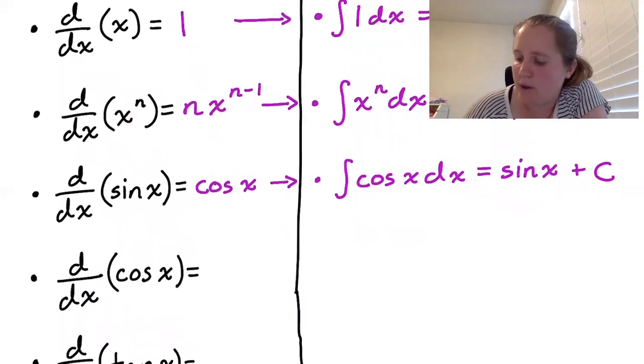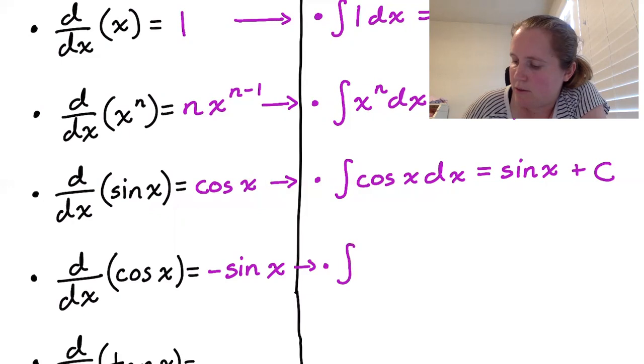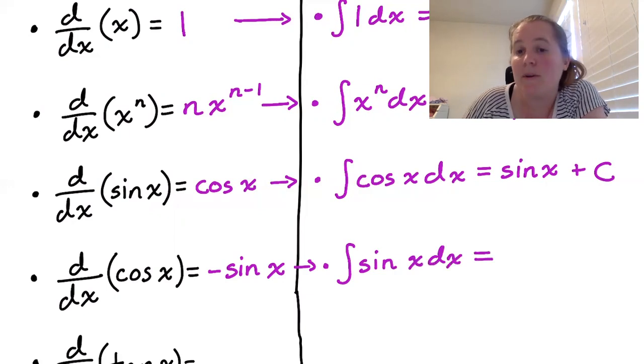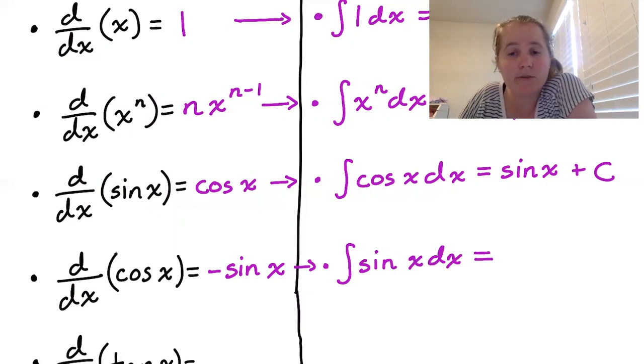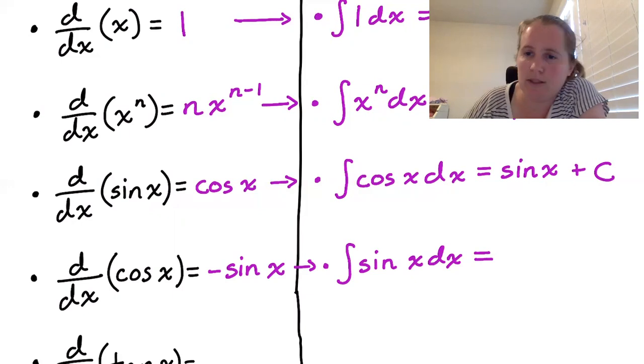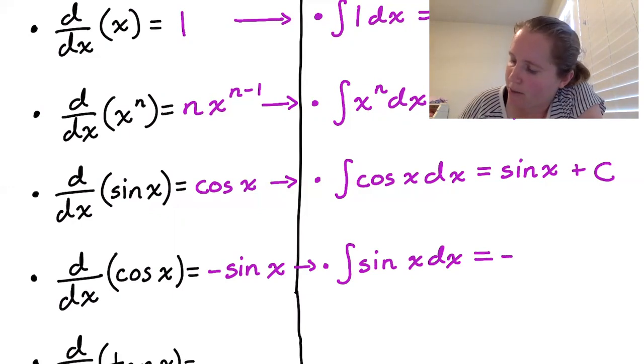Next up, derivative of cosine of x was negative sine of x. And so we should have the integral of sine of x dx. If it were negative sine, we would get positive cosine, but because it's positive sine here, we actually wind up with negative cosine x plus c.